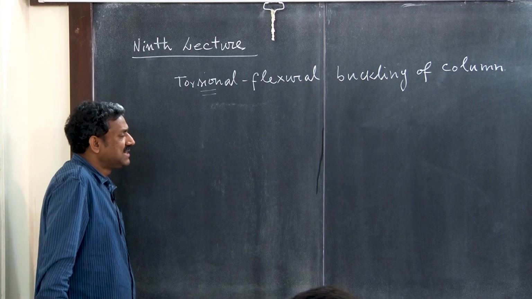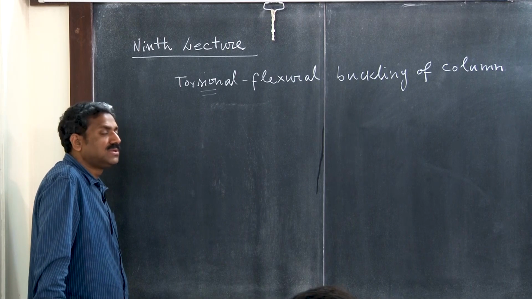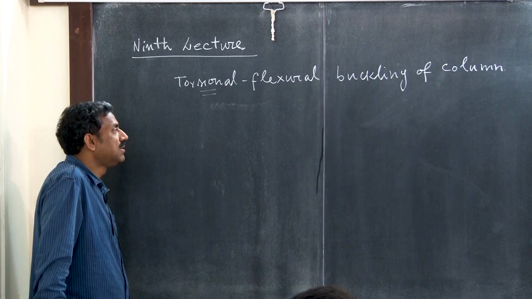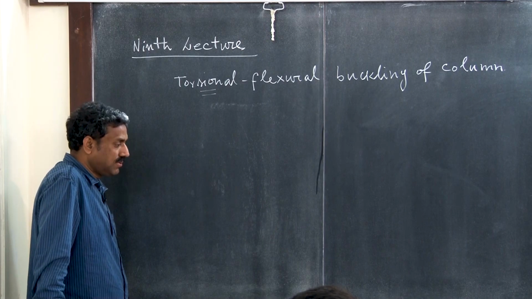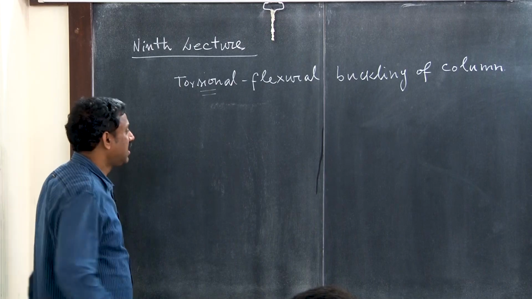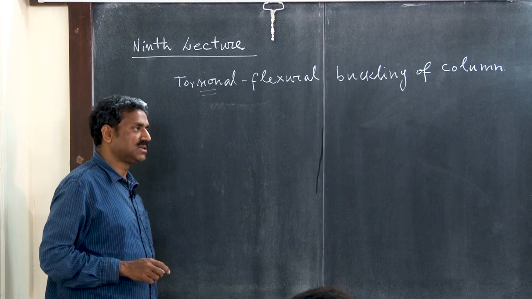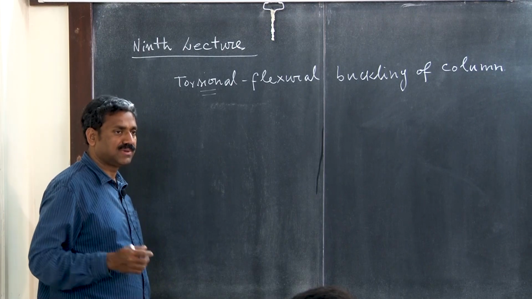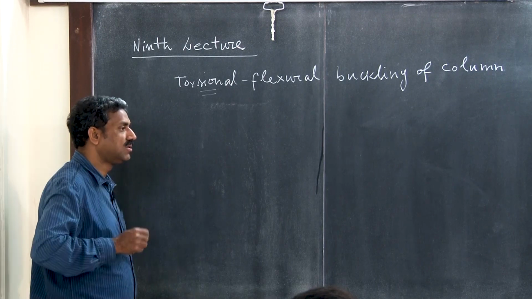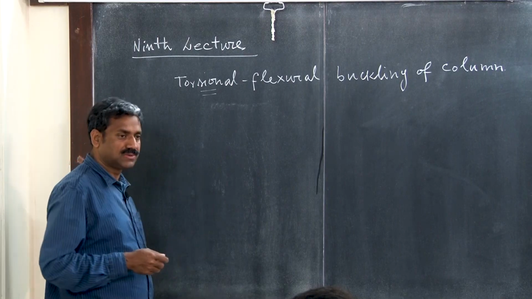In that case, the column will not lose stability only by flexure, but torsion will also be combined. Most civil engineering systems and even aerospace systems consist of thin wall sections, or sections which are non-circular.